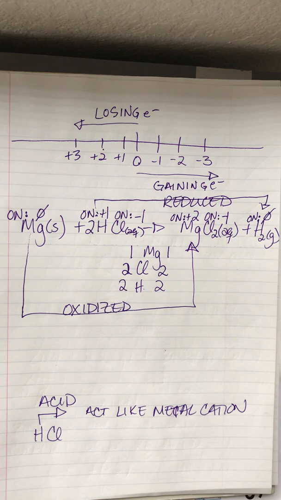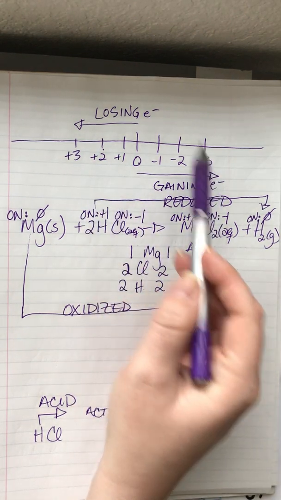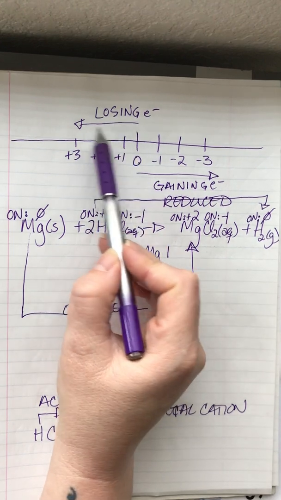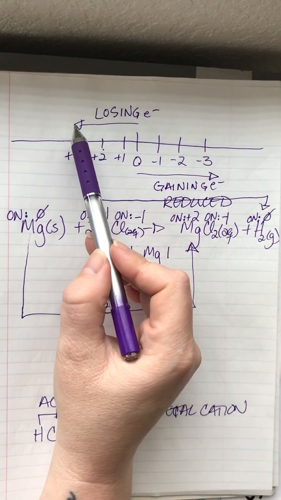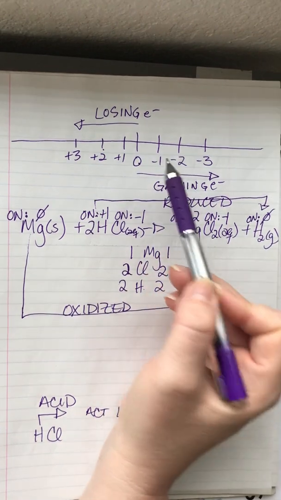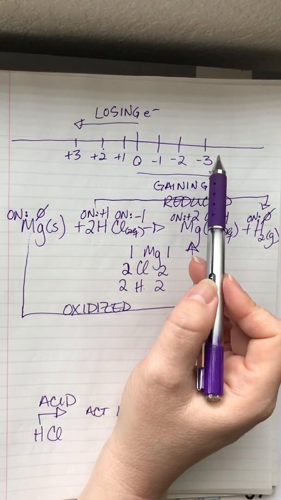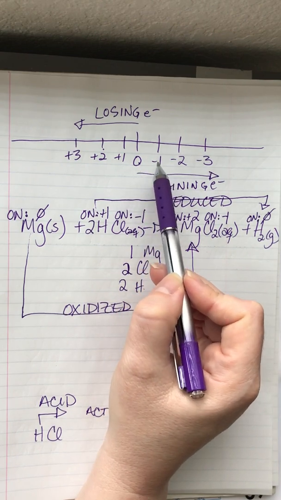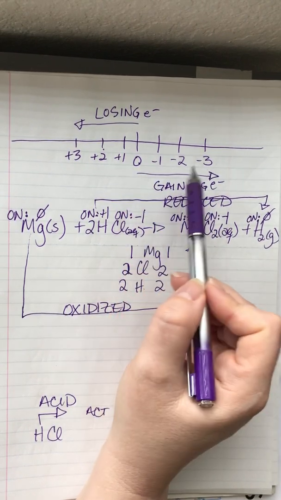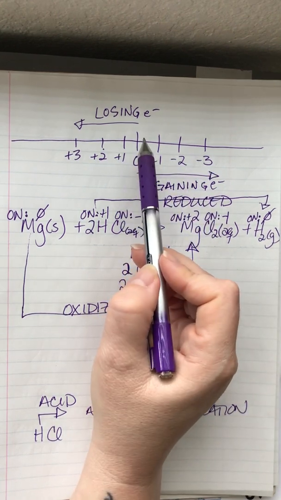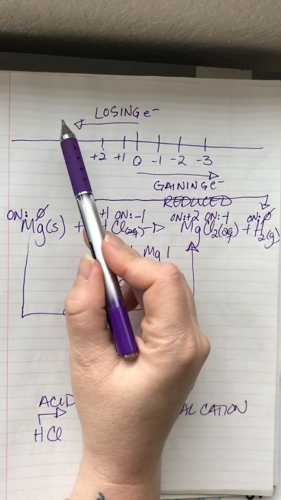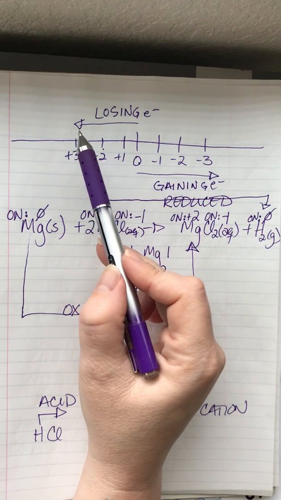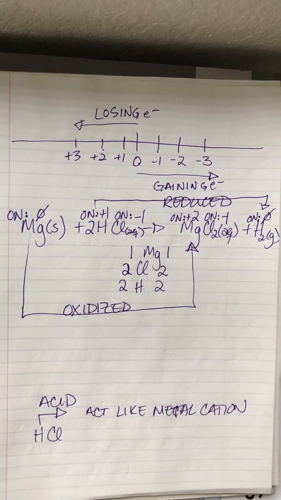And I think that makes it confusing, but when you visualize it this way, as long as you don't accidentally draw the arrows going in the wrong direction, which could definitely mess you up, but as long as you draw your arrows correctly, I think starting out at 0 and picturing what happens if you go to the negatives makes it easier to see that you're gaining electrons, and starting out at 0 and going the other way must be losing electrons. So that's why I think it's helpful to do the number line when you're trying to figure these out.